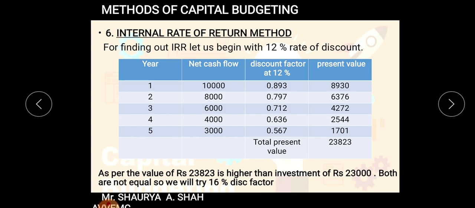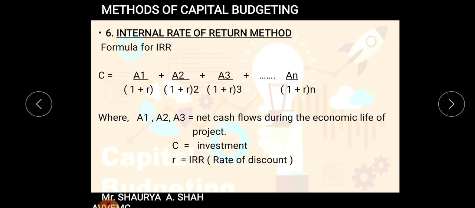So the discounting rate will be 12%. When you start with the 12% discounting rate, you will multiply the factors at the discounting rate with the net cash flow. When you multiply this with the net cash flow, you will get the present value.